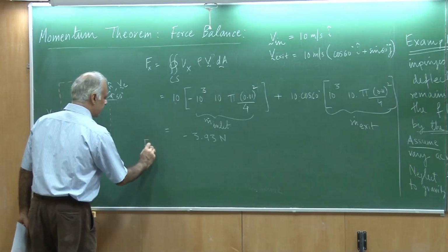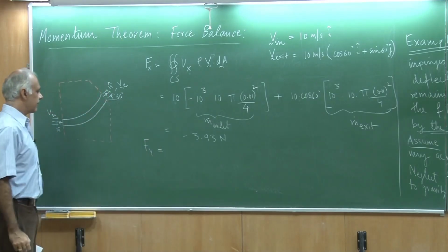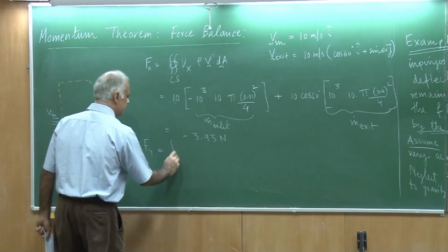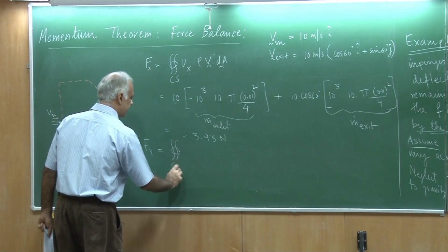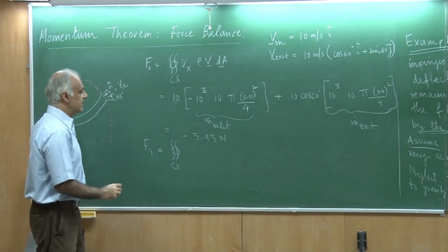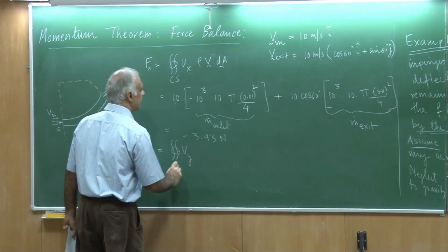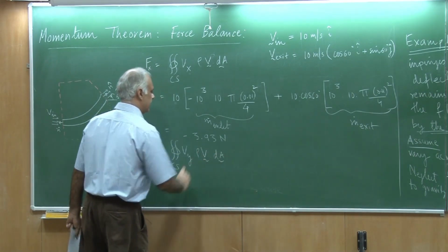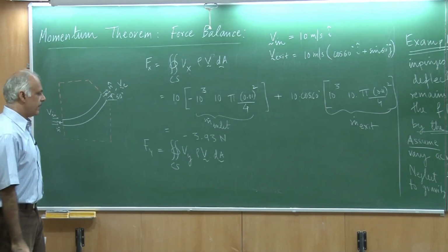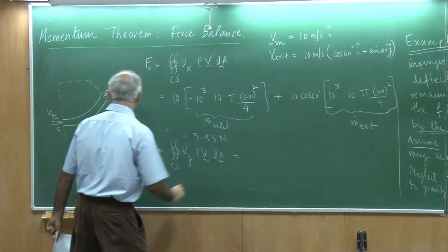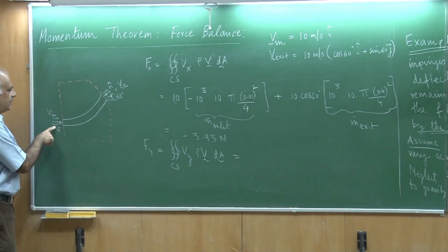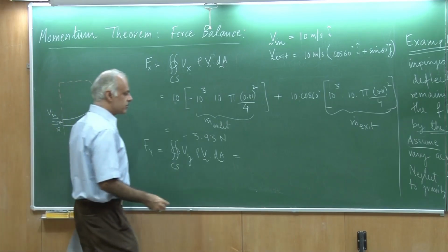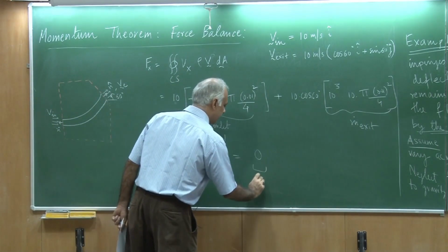I could now calculate the F y, and that would be simply the integral over the control surface of V y times rho V dot dA. And as you will notice that for the inlet, I do not have a V y, so it contributes 0 for the inlet.